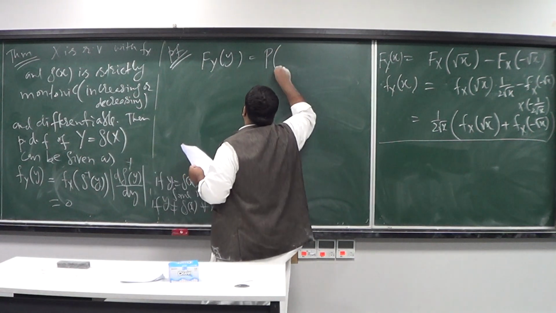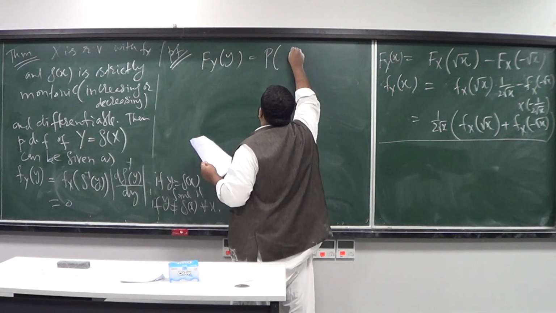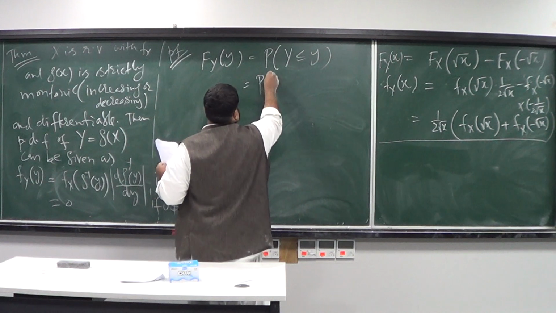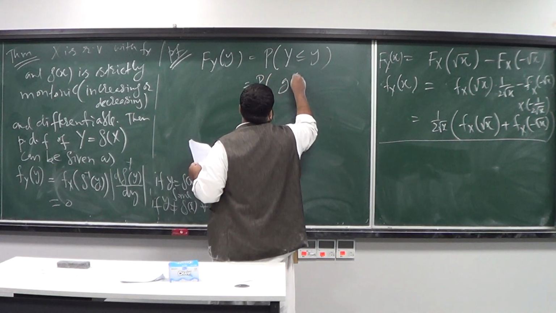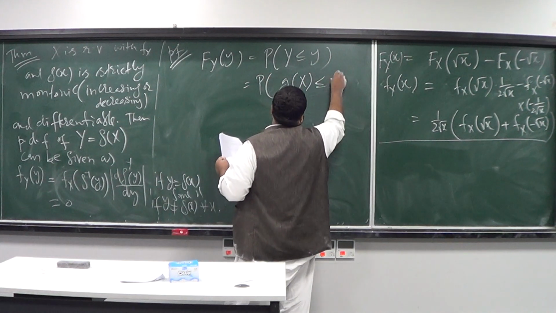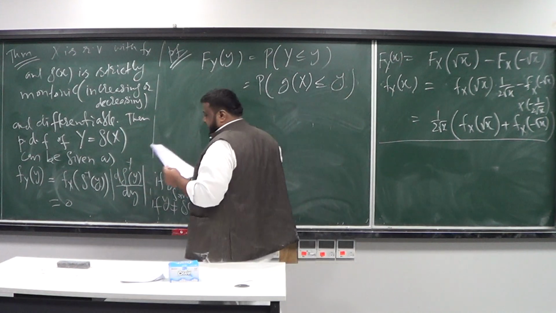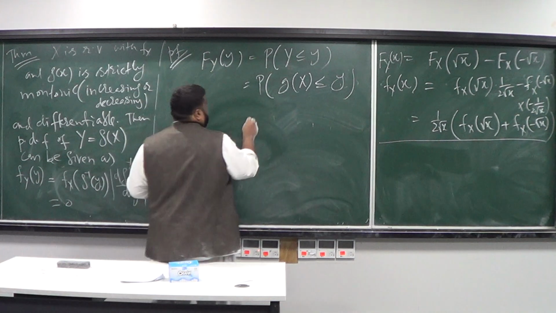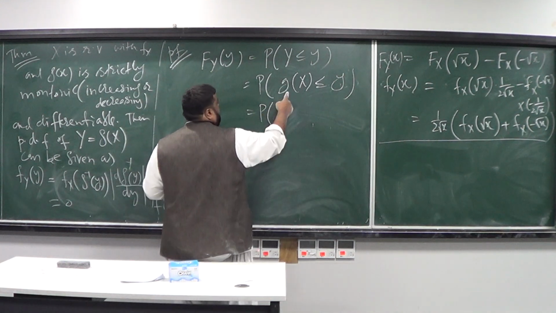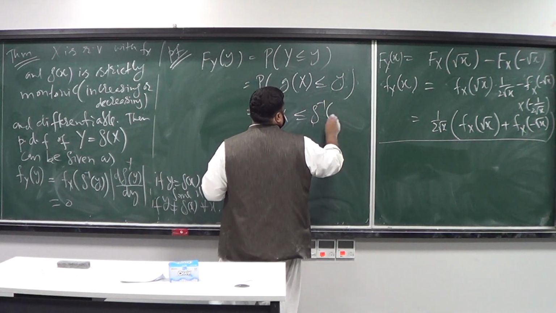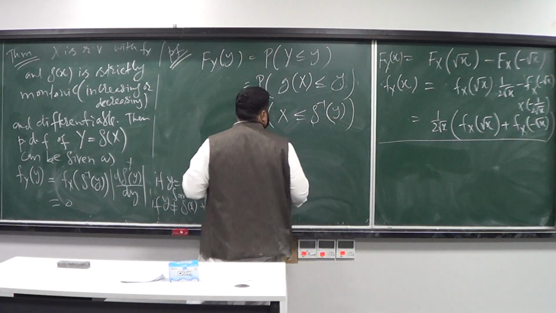This is equal to the probability of Y less than or equal to y. But Y is g(X), so g(X) less than or equal to y. Imagine g is increasing, then it should also be invertible. So I can write this as X less than or equal to g inverse of y.